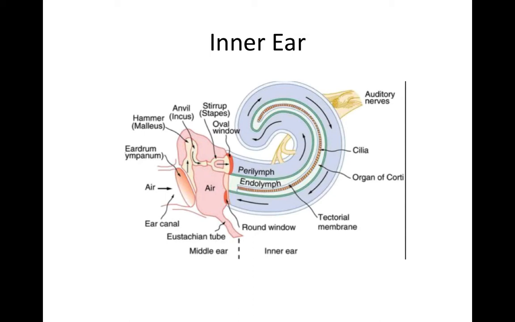Now the vibrations of the ossicles, which are in the middle ear here, apply to the oval window, which you can see is this orange aspect here. It's going to spread through the cochlea and induce vibrations of the basilar membrane.